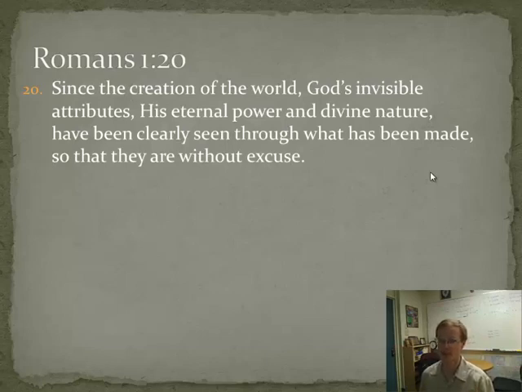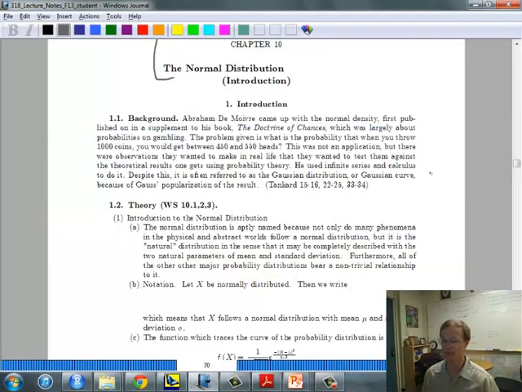I submit to you that the normal curve is one of those things that the Lord has put into the world that gives an order and a structure that underlies things that is profound. And when we see this, we are able to see something of His creative genius, His ordering properties in the world. And I want to try to unpack that not only today, but throughout the rest of the semester.